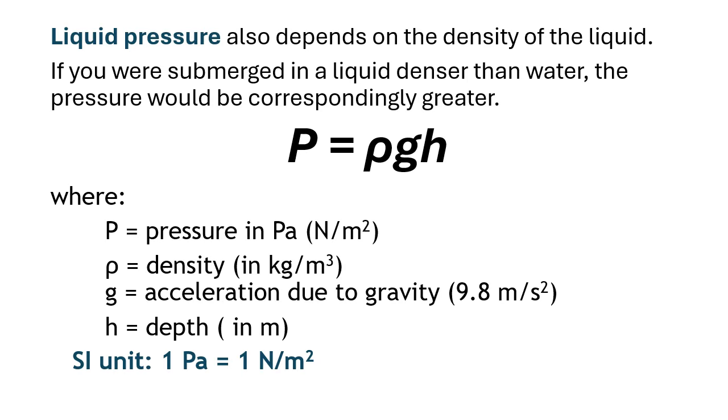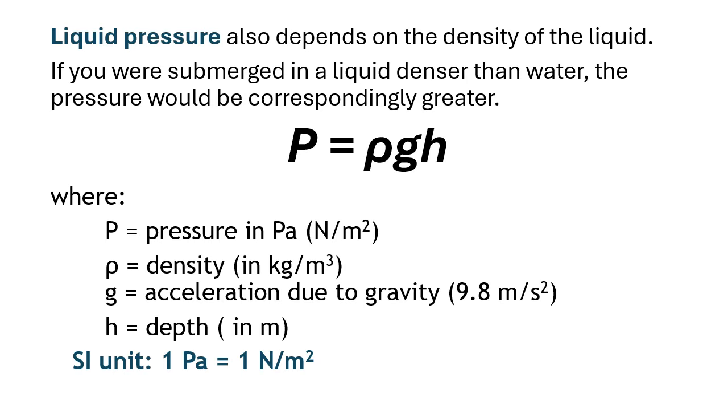Liquid pressure also depends on the density of the liquid. If you were submerged in a liquid denser than water, the pressure would be correspondingly greater. We can express this as P equals density times gravity times height.